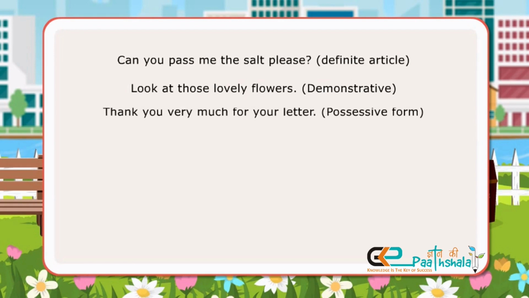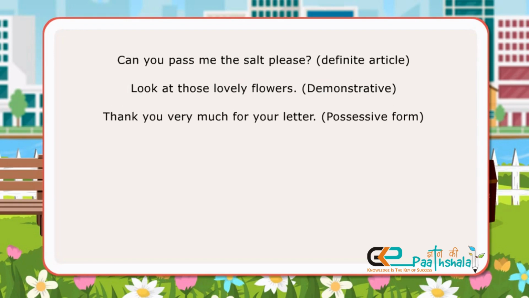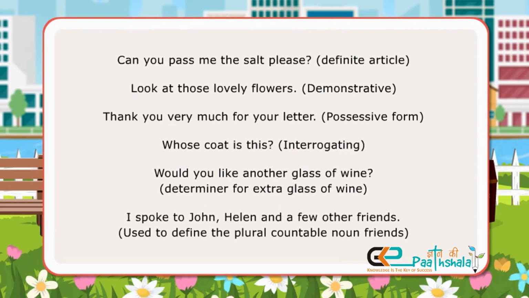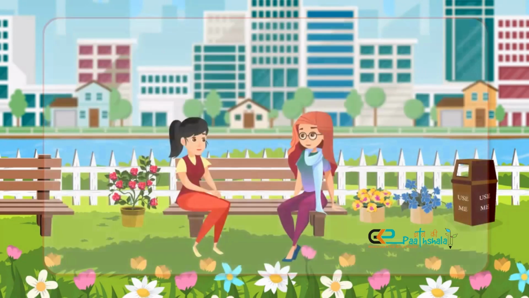Demonstrative. Thank you very much for your letter. Possessive form. Whose coat is this? Interrogating. Would you like another glass of wine? Determiner for extra glass of wine. I spoke to John, Helen, and a few other friends. Used to define the plural countable noun friends.